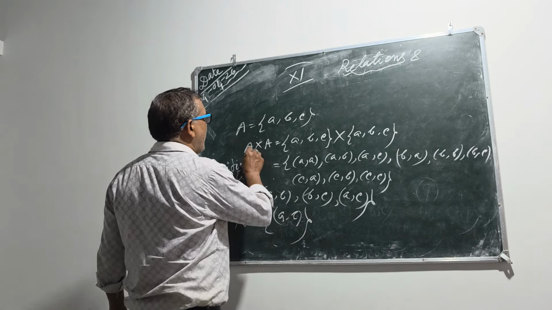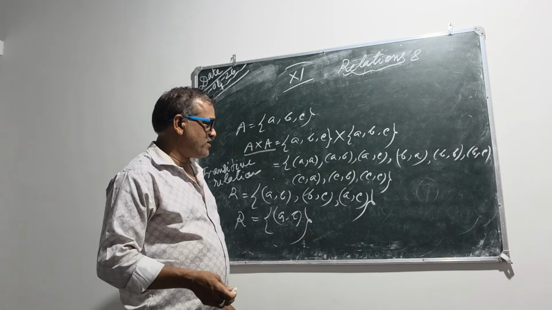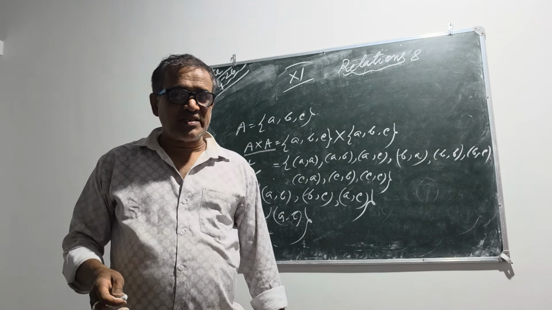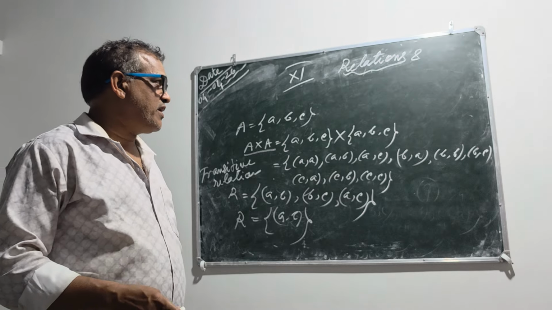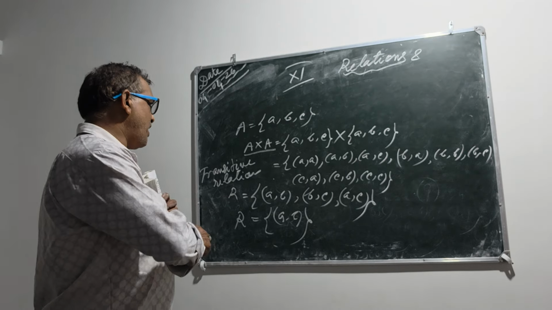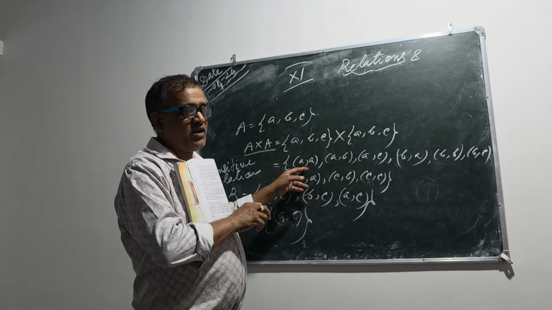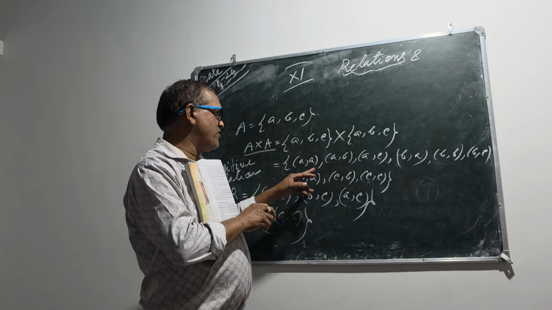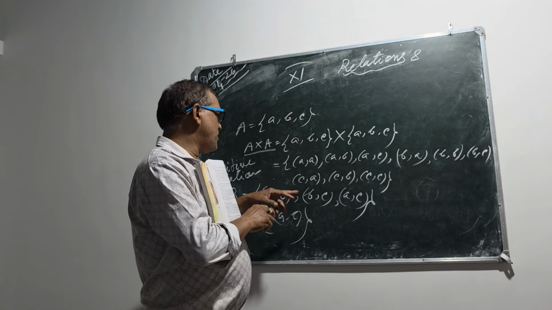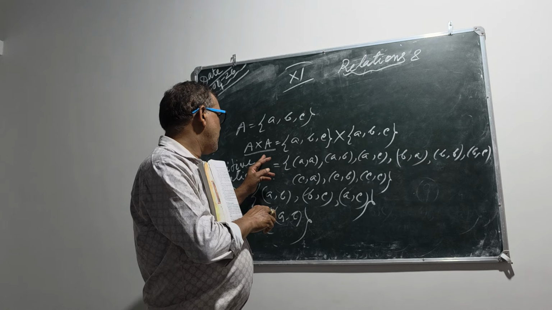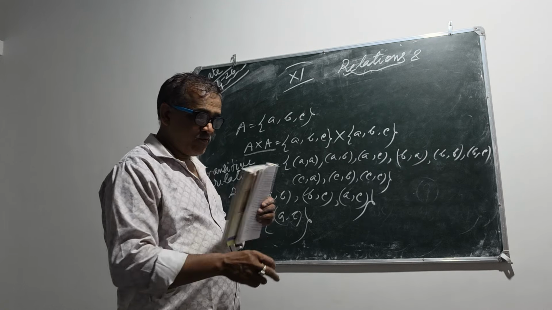So here A cross A is also, we can say, the universal relation, which is an equivalence relation, because it will satisfy all the three types: reflexive, symmetric and transitive. So that is why it is called an equivalence relation.